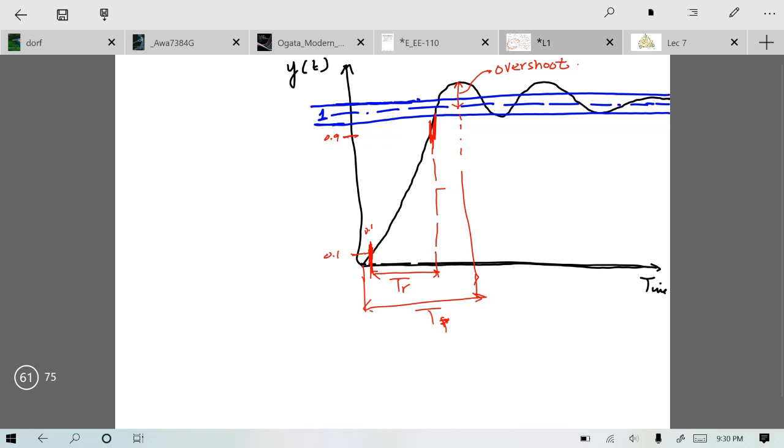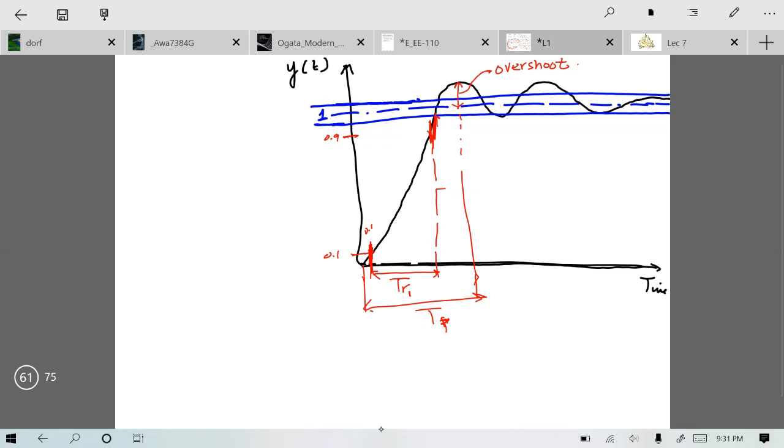The one I mentioned here is the swiftness of the system response, which I can write as TR1.